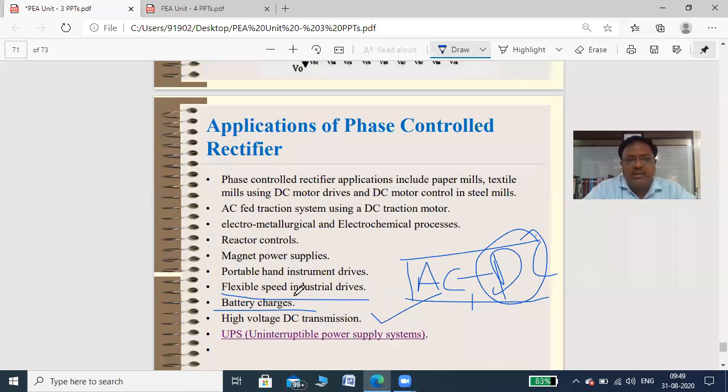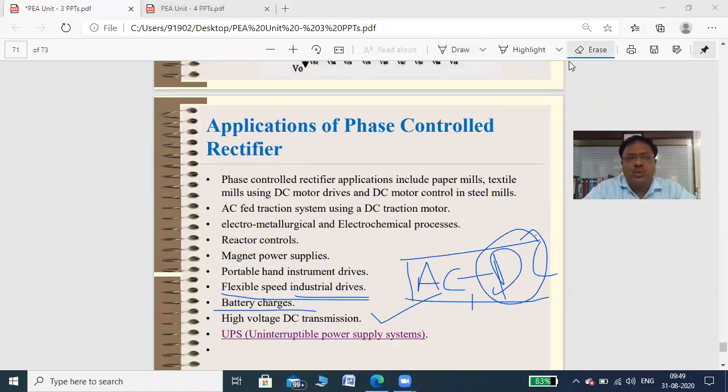So battery charger, then flexible speed industrial drives, right? Now, in industry, there are various drives, for example, traction belt, or maybe another type of drives. So those drives require a DC motor, right? So every time to use batteries as a DC power source or DC power supply is not convenient. So again, conversion of AC to DC with the help of power converters, and then that DC is used to control the speed of that DC drive.